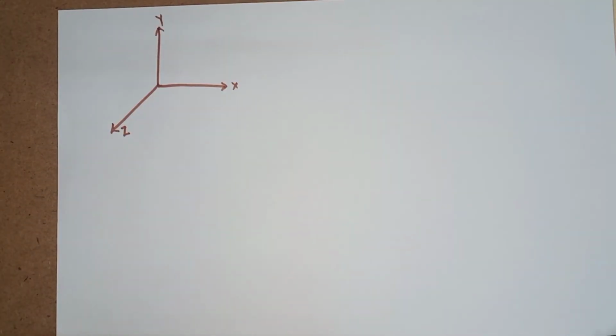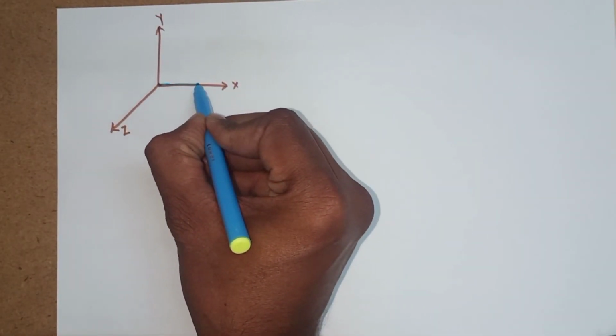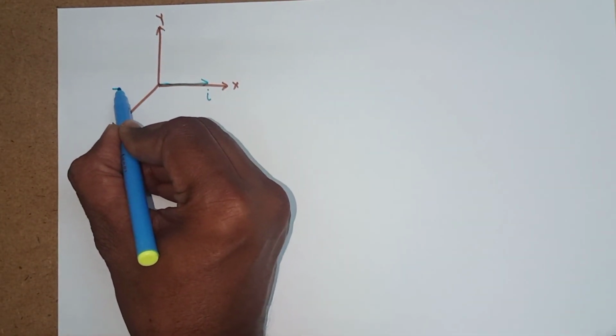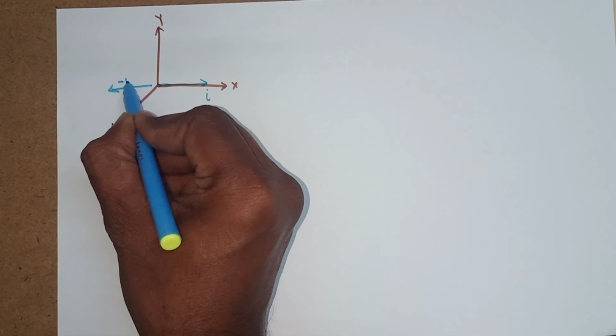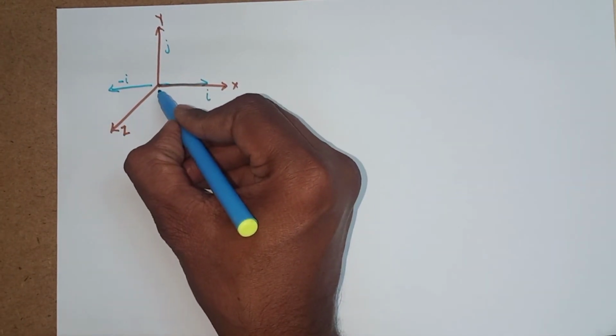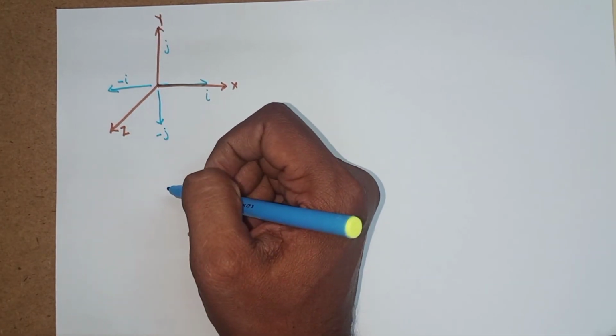Another interesting property of a vector product is its behavior under reflection. Suppose you are observing that this is the i vector, and this is minus i vector. This is the j vector, this is minus j vector.